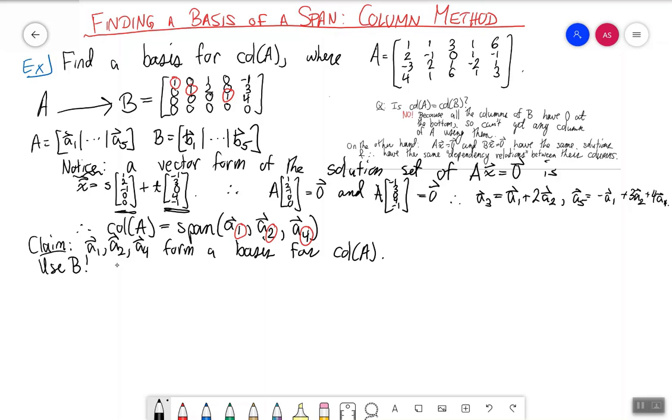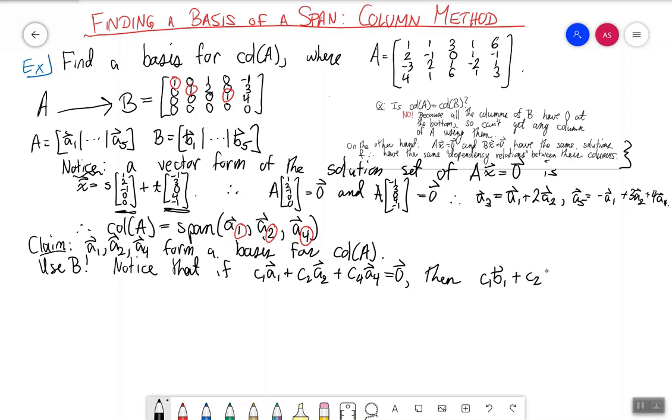Notice that if C1 A1 plus C2 A2 plus C4 A4 is equal to 0, then by what we talked about right here, the same is true for B1, B2, and B4. So C1 B1 plus C2 B2 plus C4 B4 is 0 also.